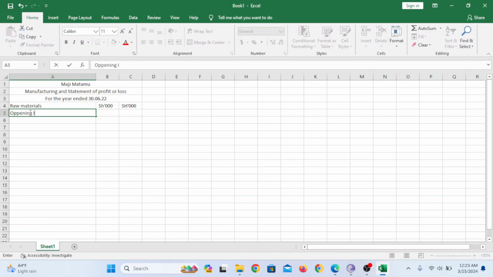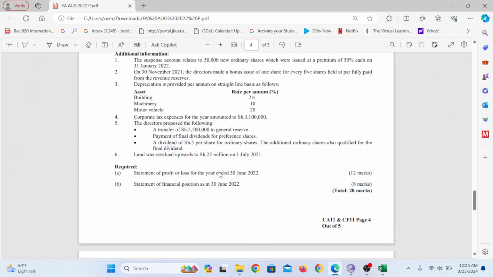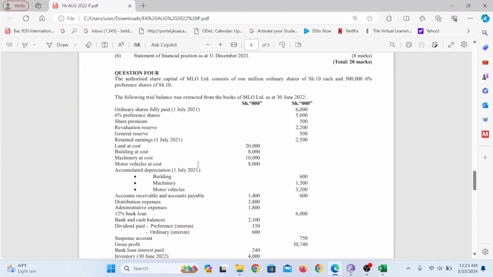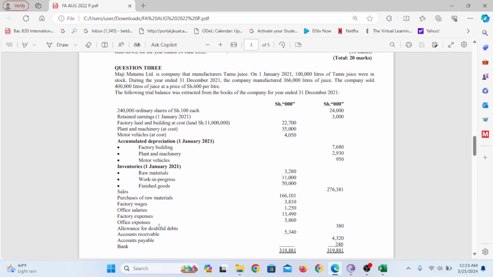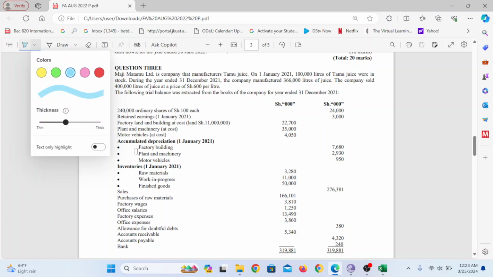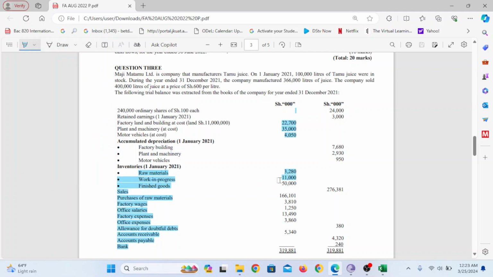The opening inventory of raw material was given in the trial balance here, 3280.